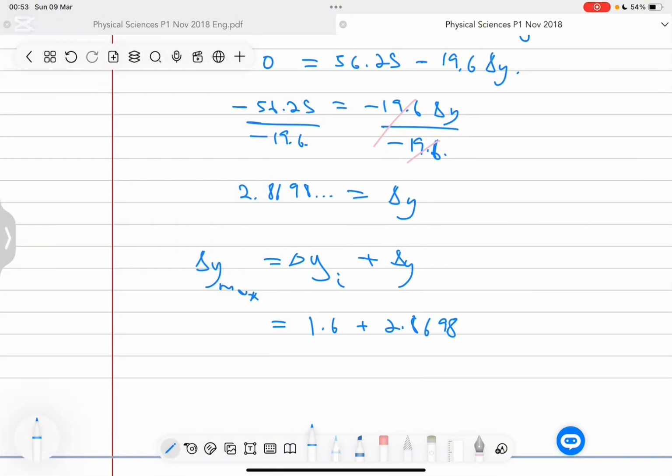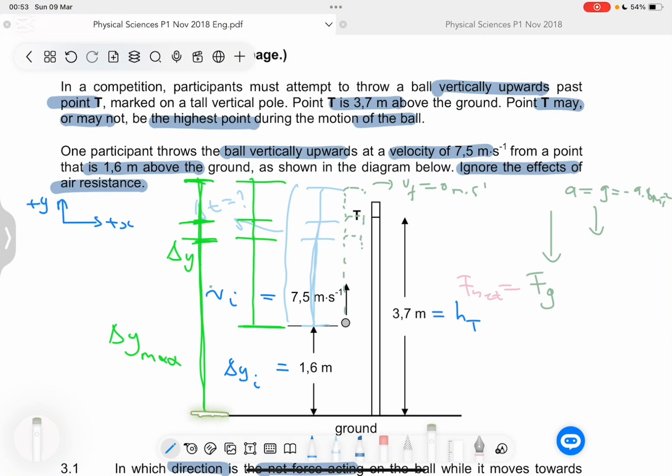So we're saying therefore the maximum height is actually 4.47 meters. Now look at this. We are saying from here going up, we're going to get a height of 4.47. Now 4.47 already is above this 3.7. It's actually a height probably even exceeding the pole, I'm not sure, but at least it is above this point T.